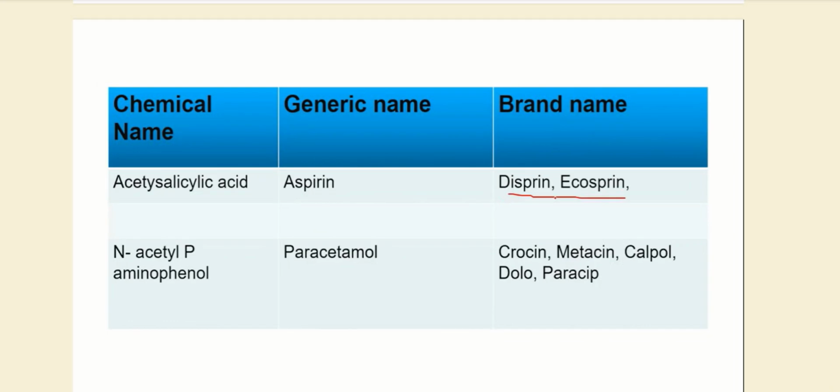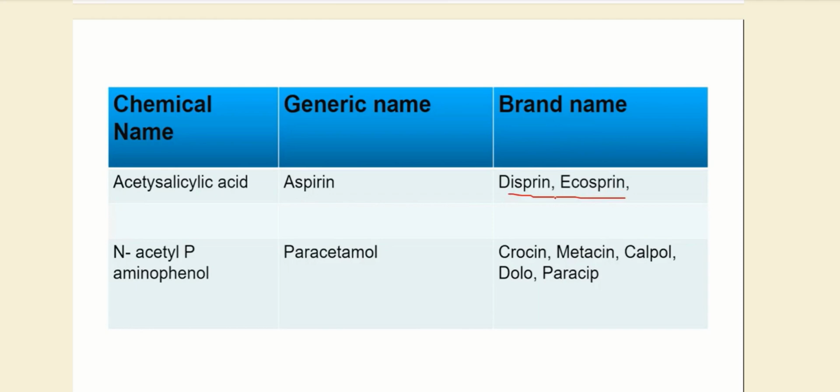In this summary, these tables describe the chemical name, generic name, and brand names. You should remember the portions in the table. Acetyl salicylic acid is the generic name of aspirin, and its brand name is Disprin, also called Ecosprin. The second one is N-acetyl para-aminophenol.